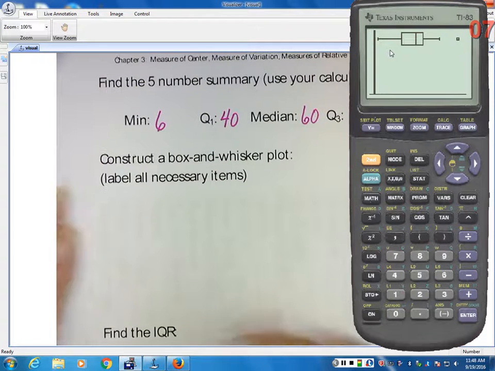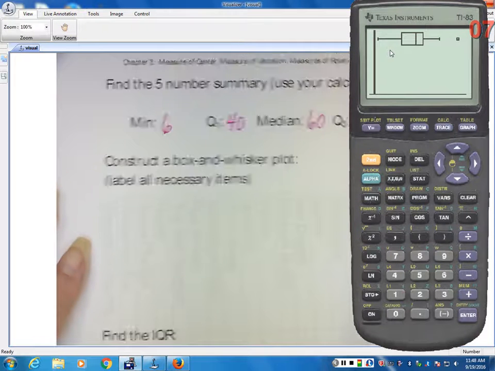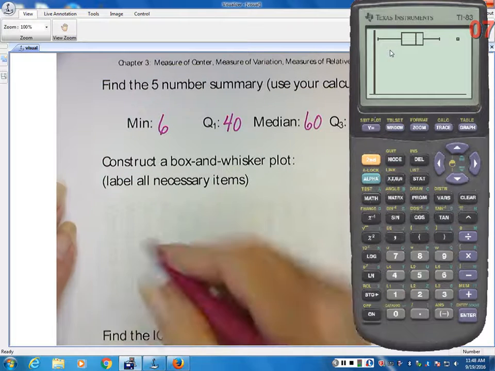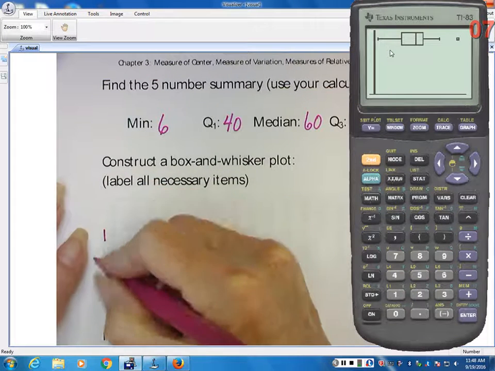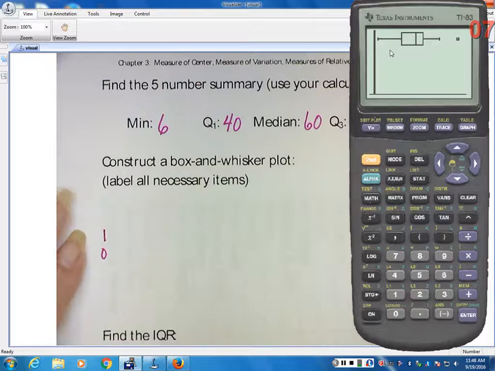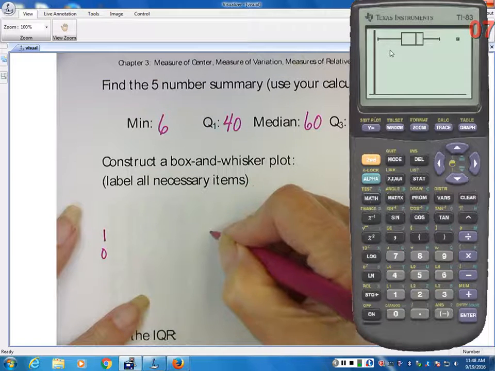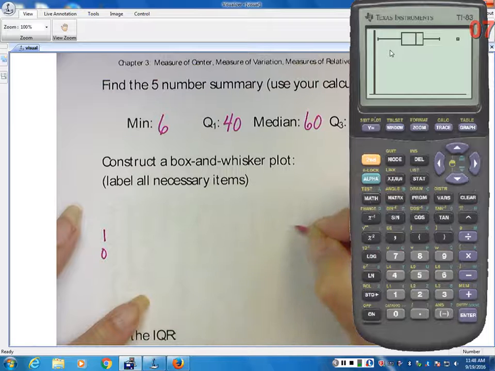So since I know my minimum is 6 and I need to go up to 120, I've got to figure out a scale that will let me see all of that on this sheet. So I'm going to start here at 0. And let's see, 10, 20, 30, 40, 50, 60, 70.